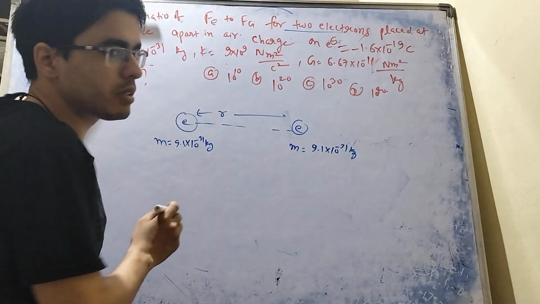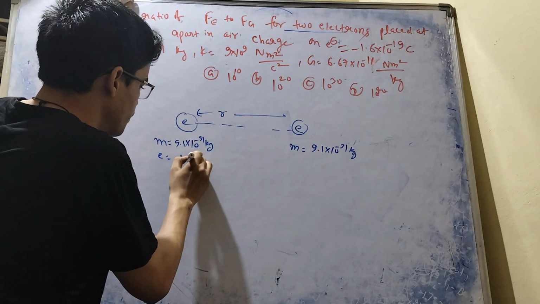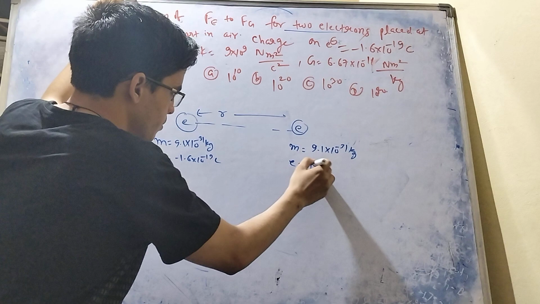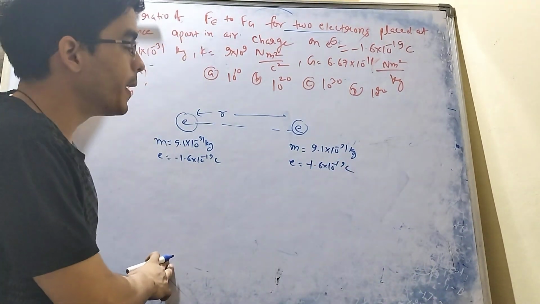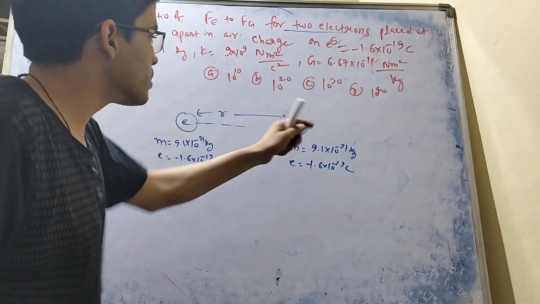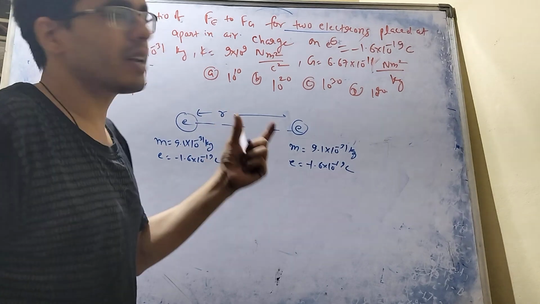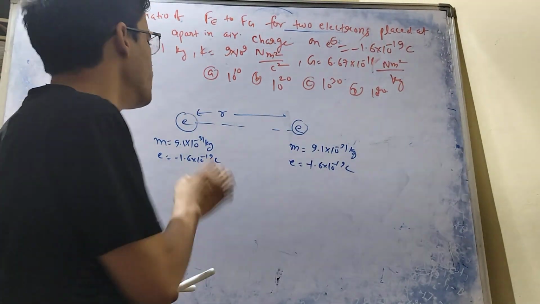Very good. Next, see here. What is the charge of electron? Minus 1.6 into 10 power minus 19 coulomb. And the charge of the other electron? Minus 1.6 into 10 power minus 19 coulomb. Very good. Tell me, both objects are point objects, right?